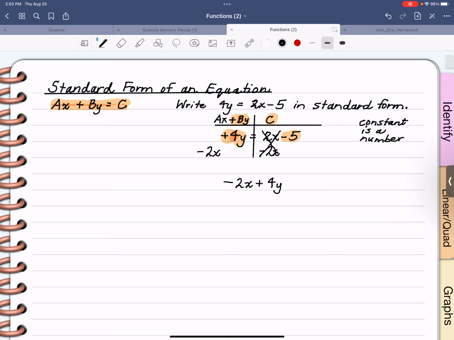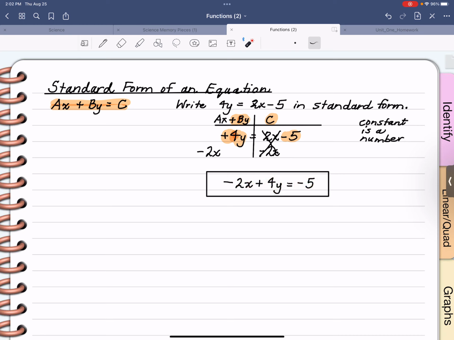And the pattern says that it needs to be a plus sign right there. So I would then have the equal sign and the constant. And that is our answer. We have transferred this equation that they gave us into the standard form, where you have x's and then y's and then a constant.